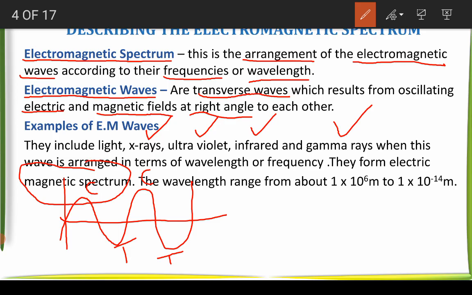Electromagnetic spectrum. I hope you are good on that. So we have defined the electromagnetic spectrum as the arrangement of electromagnetic waves based on their increasing frequencies or wavelength.